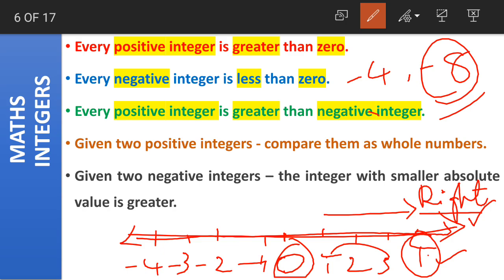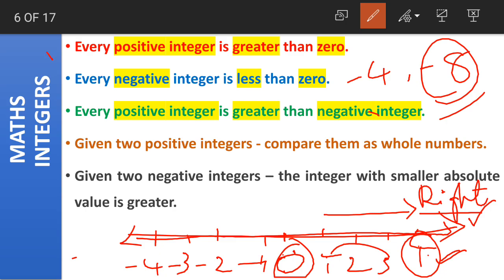Okay, always compare it on the number line and see which number falls to the right and which number falls to the left. The number which falls to the right side is always greater than the number which is on the left side. So 4 is greater than 0.